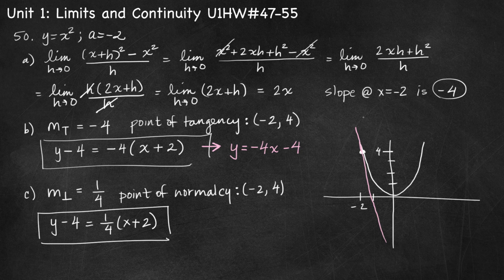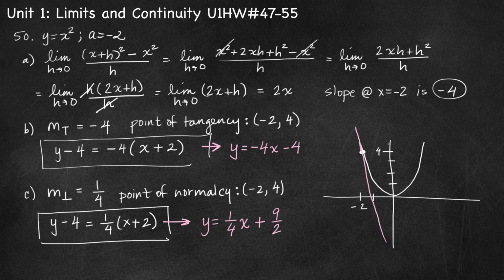That's my tangent line. And then for our normal line, we can also write this in slope-intercept form to help us graph it a little more accurately. This will be y equals 1/4 x. Okay, I'll distribute my 1/4 to the 2, so that gives me 1/2, and then I'm going to add the 4, so I get 4 and 1/2, or 9/2.